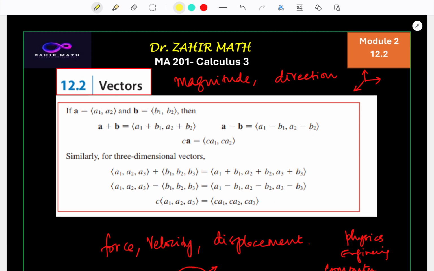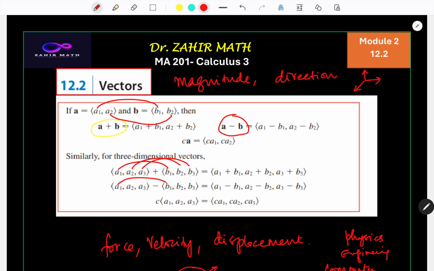First, we are going to add two vectors, a plus b, and subtract, a minus b. It means a1 with b1 and a2 with b2. If it is 3 dimension, a1 with b1, a2 with b2, a3 with b3.